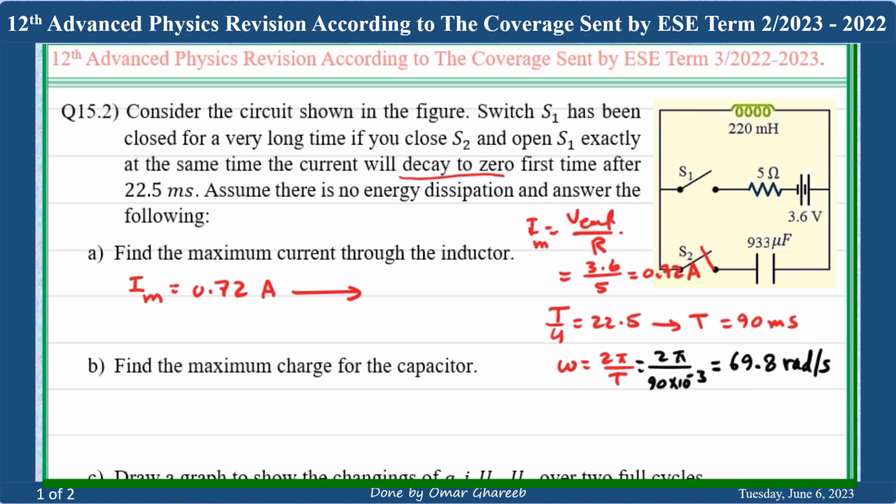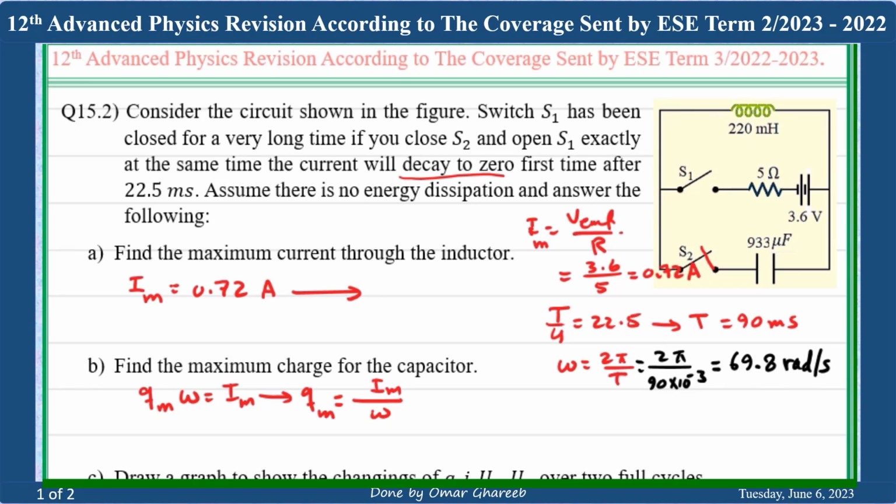Now we can find Q maximum. As we mentioned in the last question, Q maximum times omega is I maximum. Then Q maximum equals I maximum over omega.